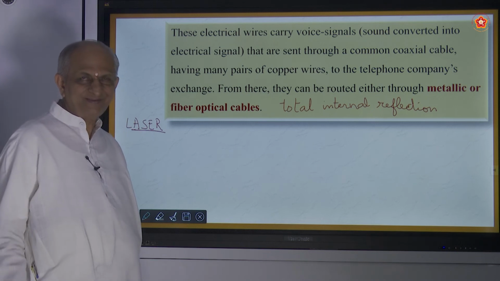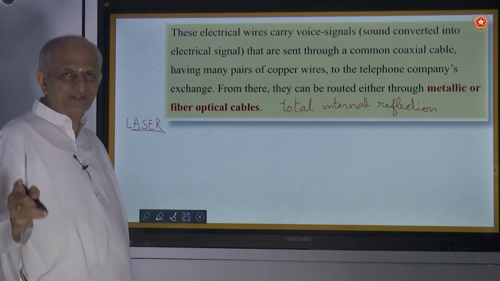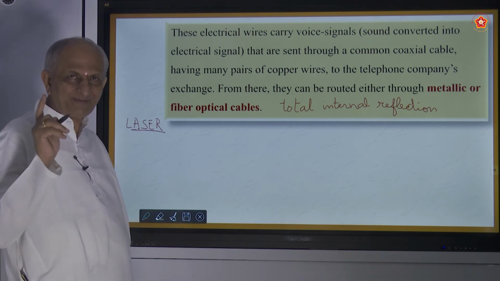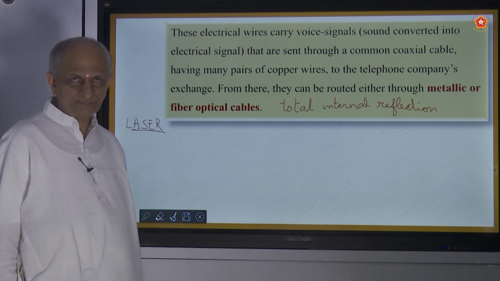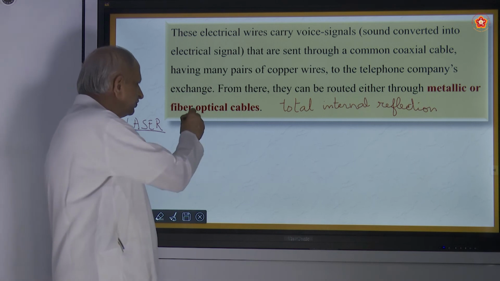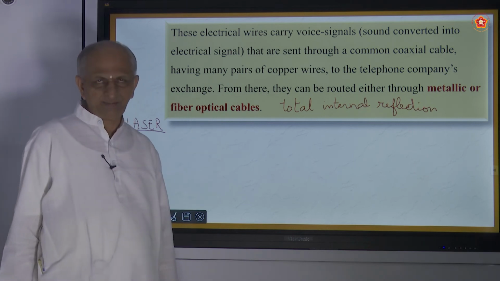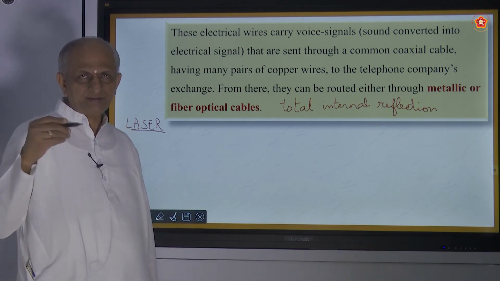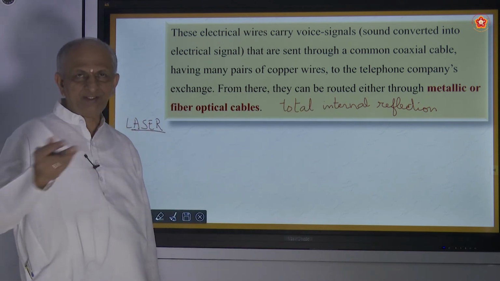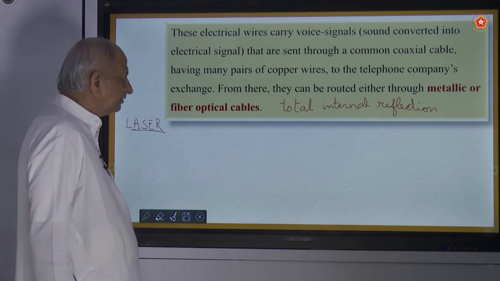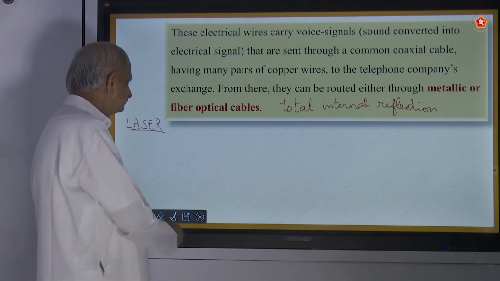Come on, repeat: light amplification by stimulated emission of radiation. That is called laser. It is one of the powerful lights that is made to pass into these optical fibers, and there total internal reflection takes place, and hence these electric signals can be passed through them.